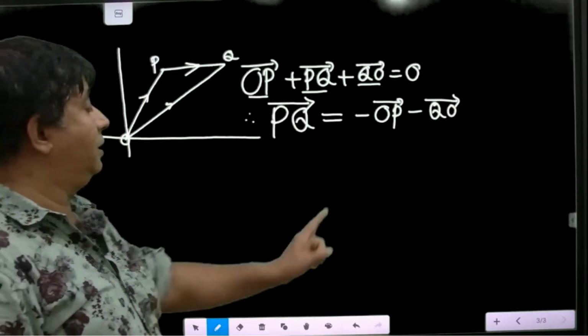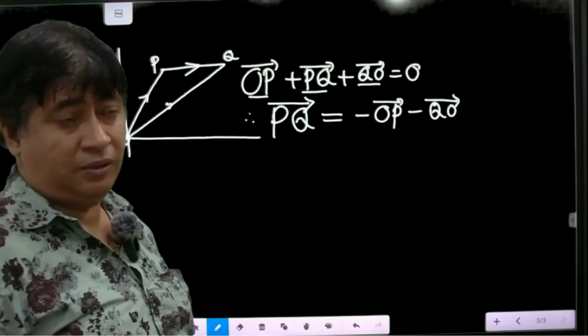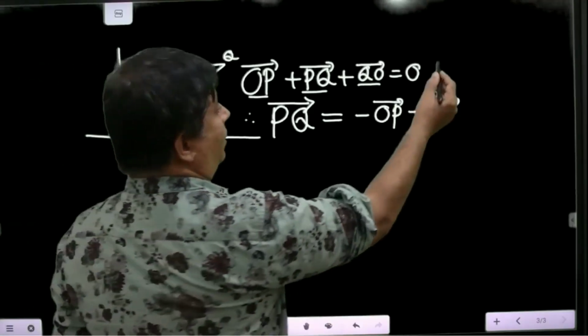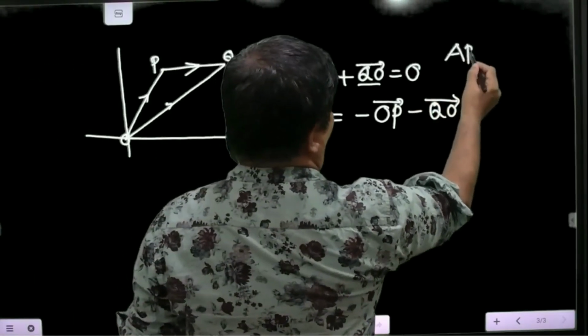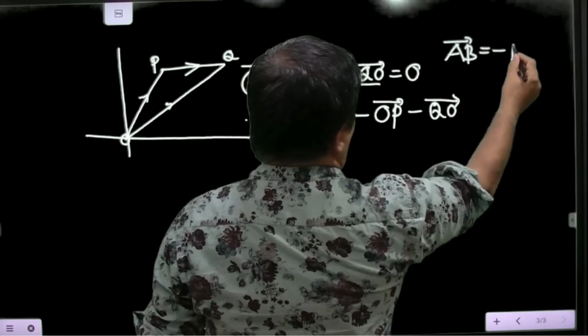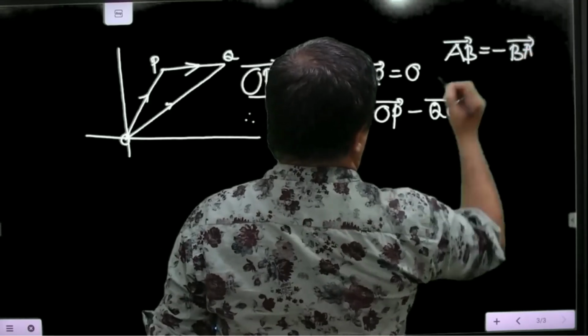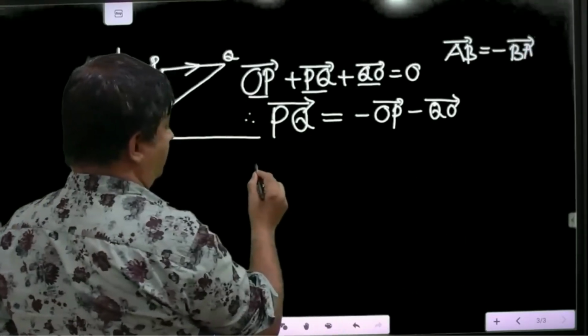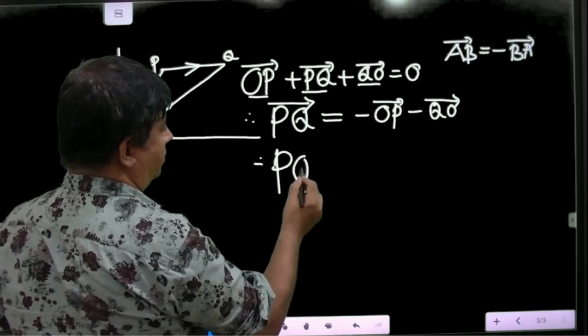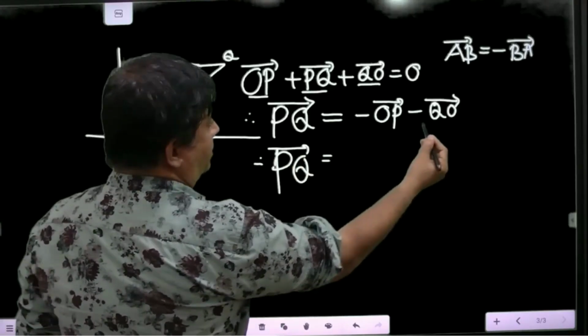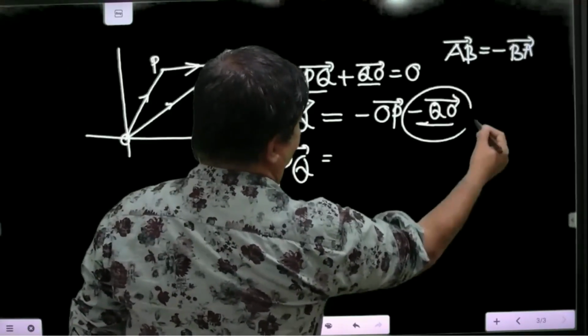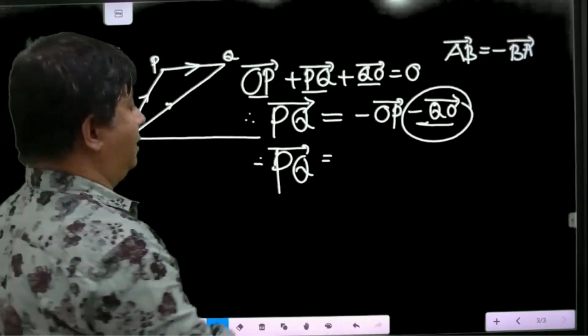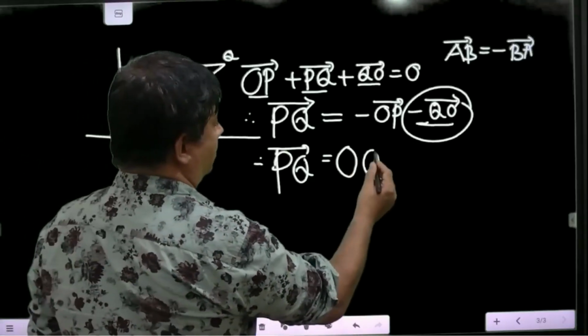Now instead of QO, as we are already aware that AB is equal to minus BA, therefore instead of minus QO, I can write OQ.